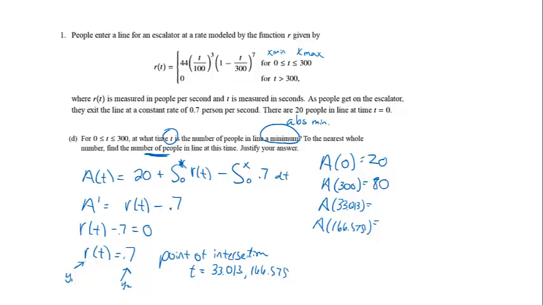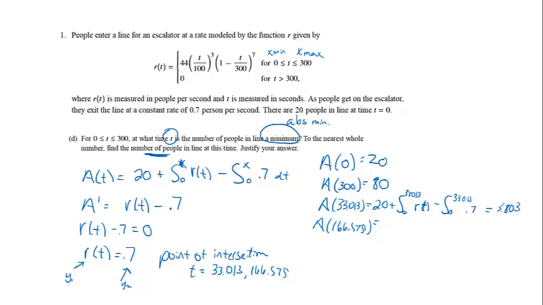A of 33.013, we're going to go back to that amount formula. So we're going to have 20 plus the integral from 0 to 33.013 of r of t minus the integral from 0 to 33.013 of 0.7. And if you type that in your calculator, you should end up getting 3.803.